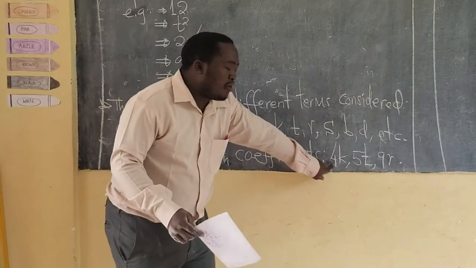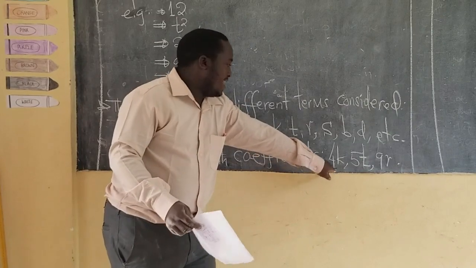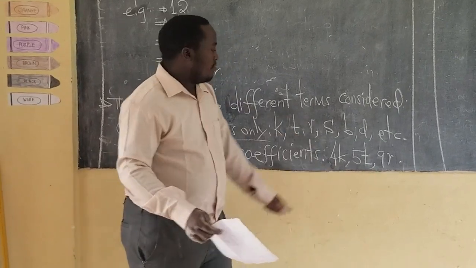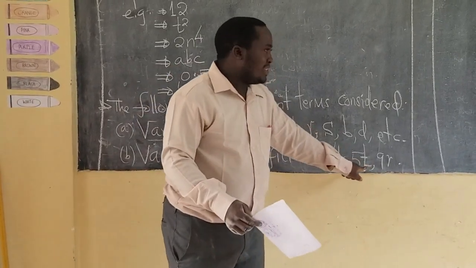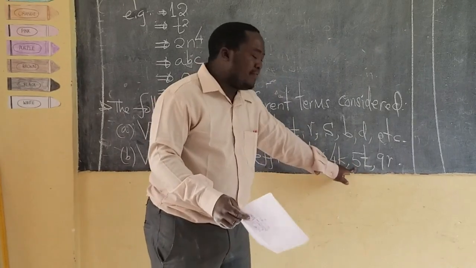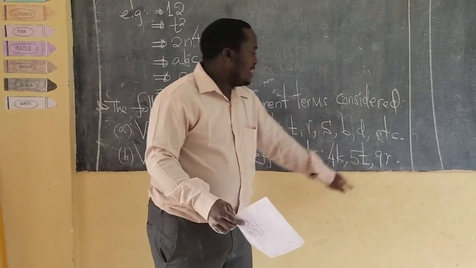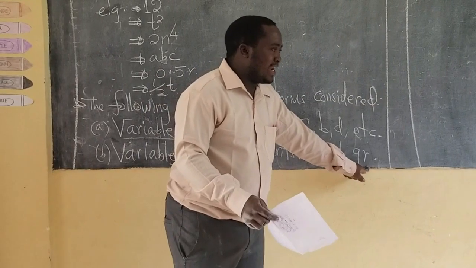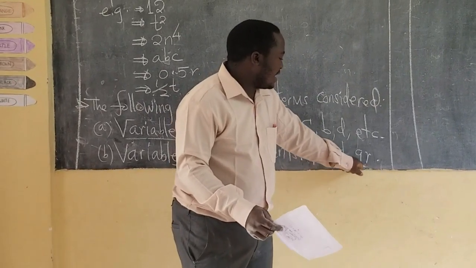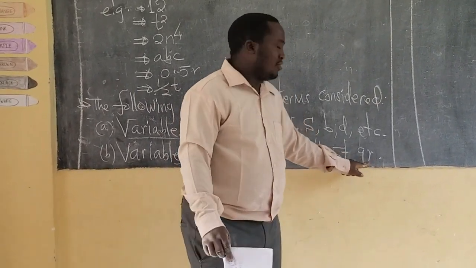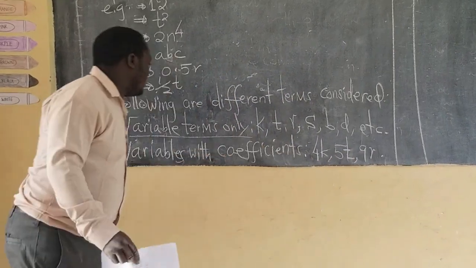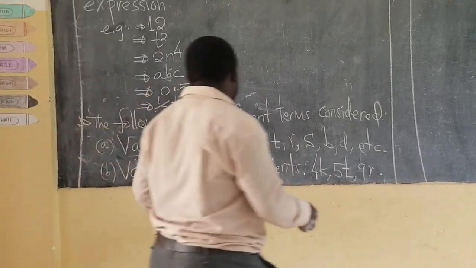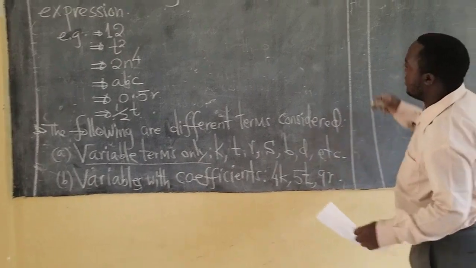That number we call a coefficient, and k a variable. We have 5t. t is a variable, and 5 is a coefficient of t. And also we have 9r. 9 is a coefficient, and r is a variable. So these are also terms formed by variables with coefficients.